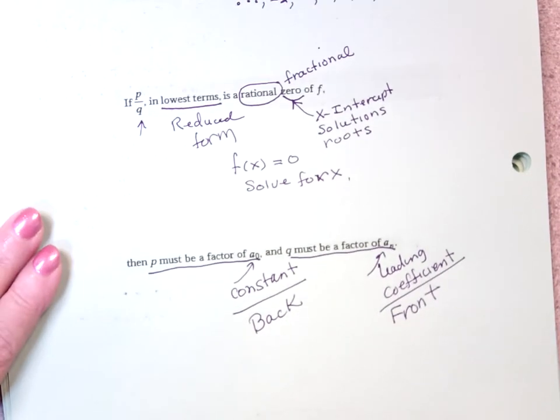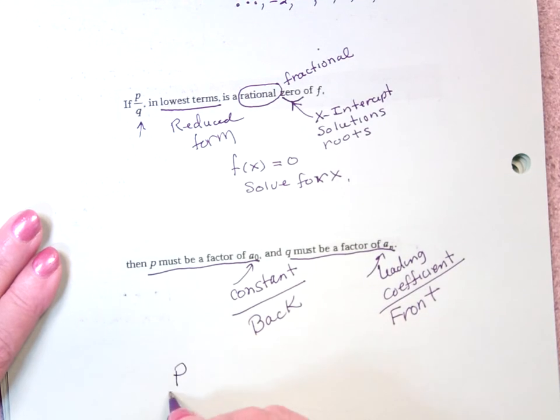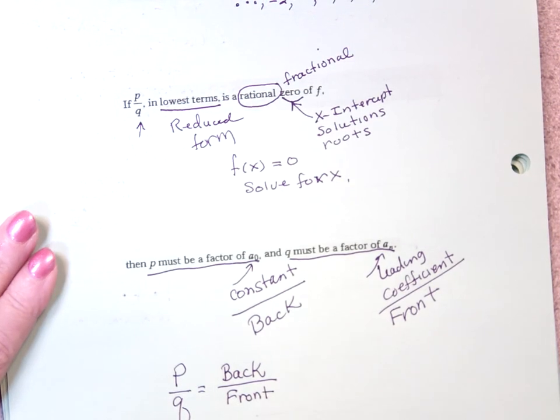So now, if it says take p divided by q, p is the guy who is in the back, q is the guy that's in the front. Back divided by front, alphabetical order.